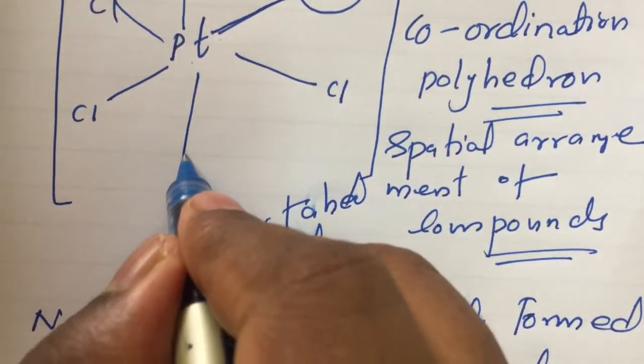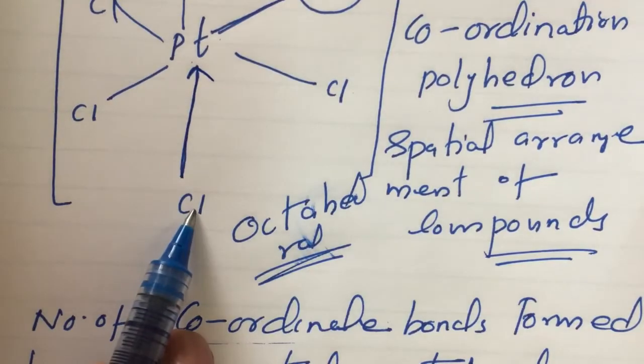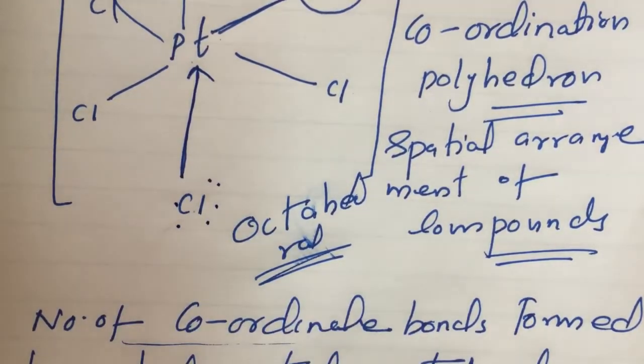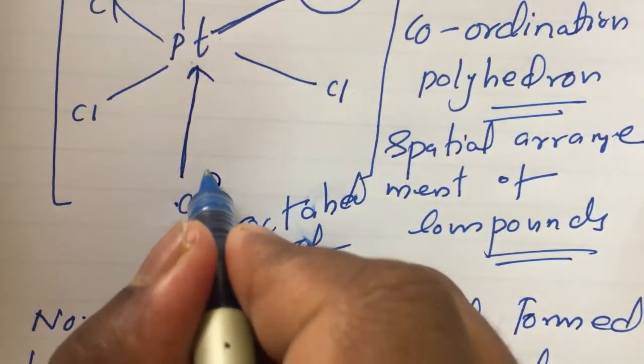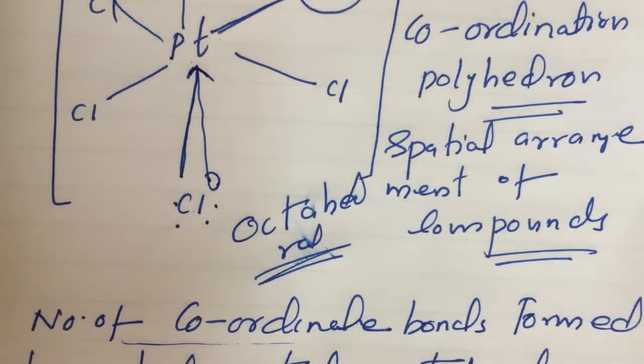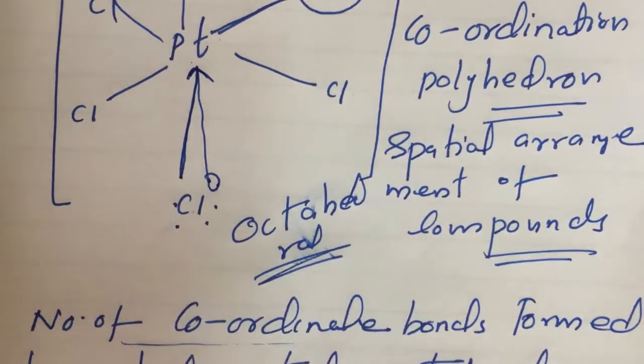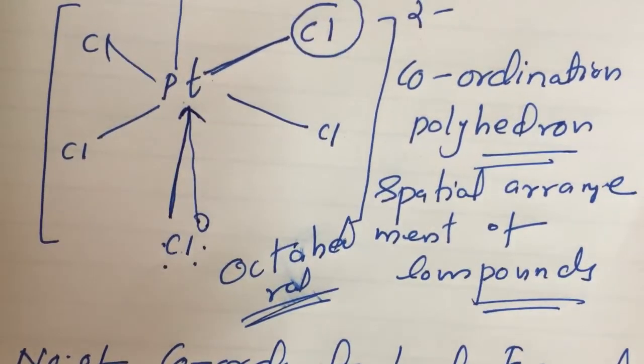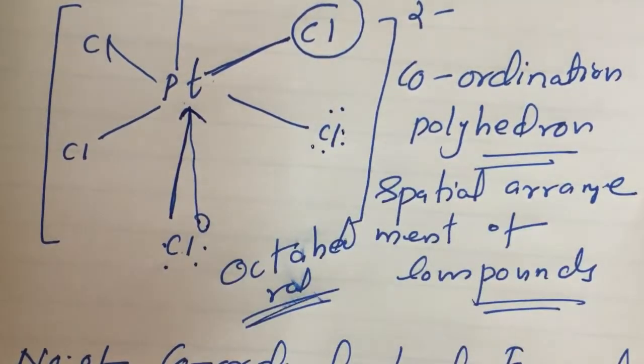See, this is one coordinate bond. The ligand donates electrons to the platinum. The ligand has 3 pairs of electrons and 1 pair will be donated to the vacant orbital of platinum, so it forms a coordinate bond. Vacant d orbital or p orbital of platinum. Then the second chlorine also has 3 lone pairs.